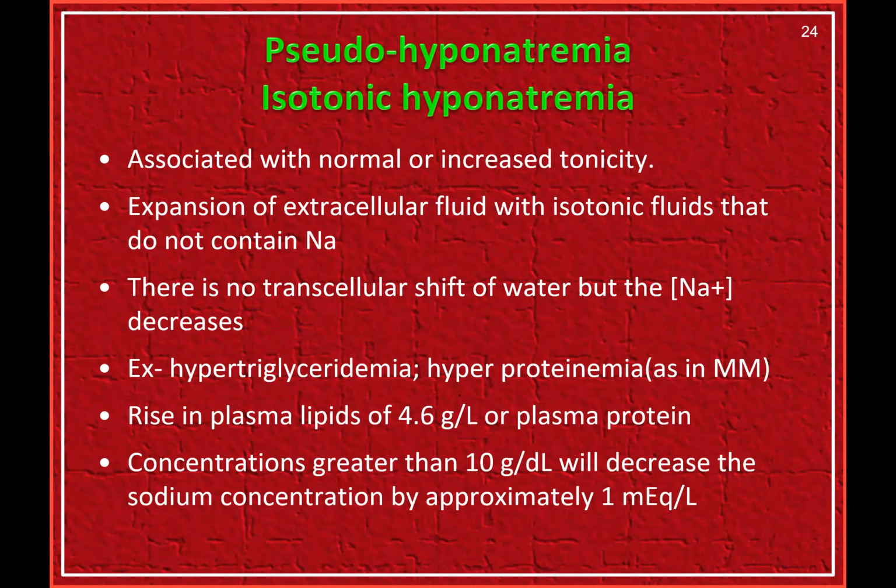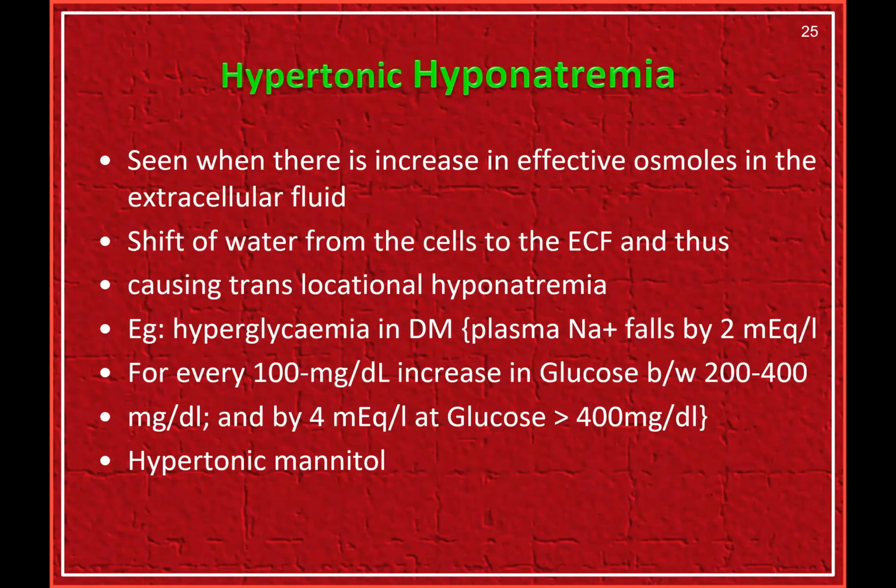Concentrations greater than 10 grams per deciliter will decrease the sodium concentration by 1 milliequivalent. So if the concentration of plasma lipids is more than 10, it will affect the plasma sodium.